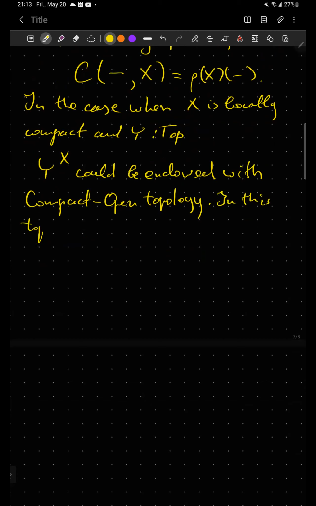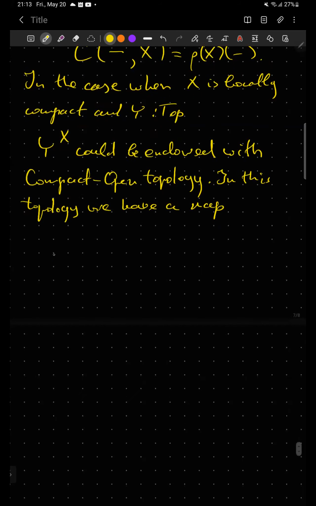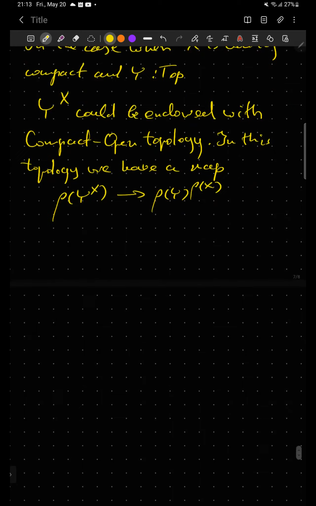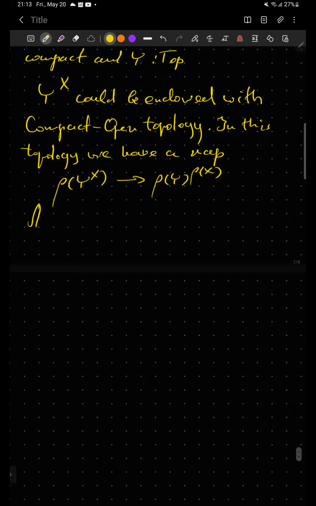In this topology, we have a map of the following form, and it usually is an isomorphism.